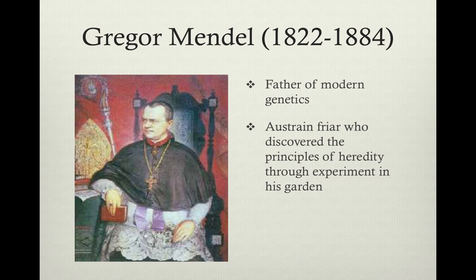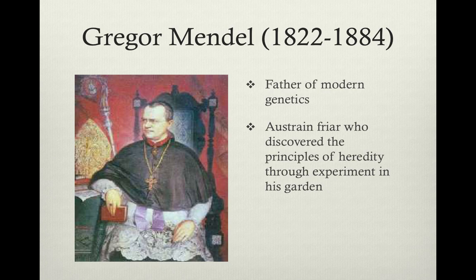Gregor Mendel lived from 1822 to 1884. He was a monk. He's the father of modern day genetics, particularly, of course, Mendelian genetics. He was from Austria, and in his gardening work, particularly with pea plants, he discovered the principles of heredity.